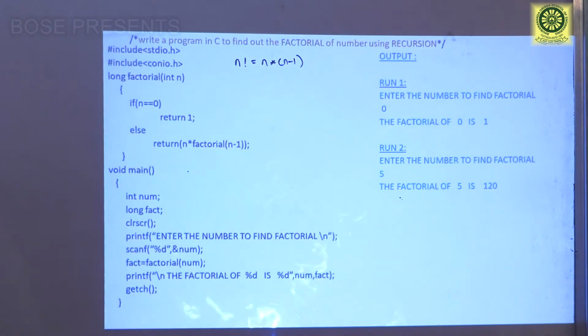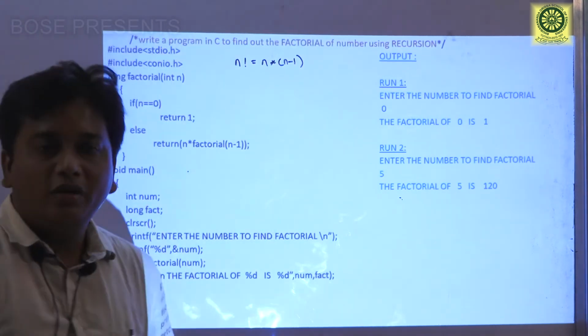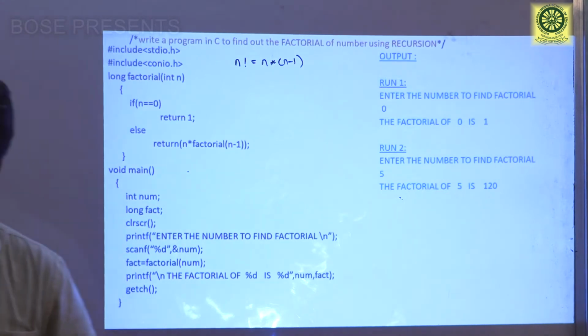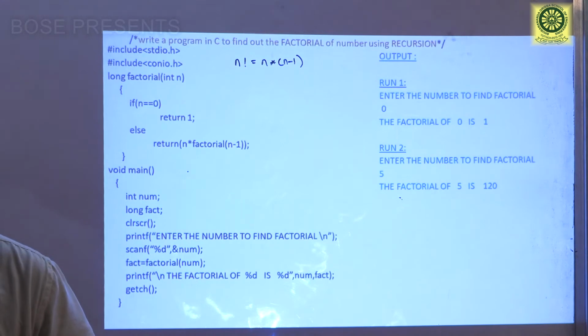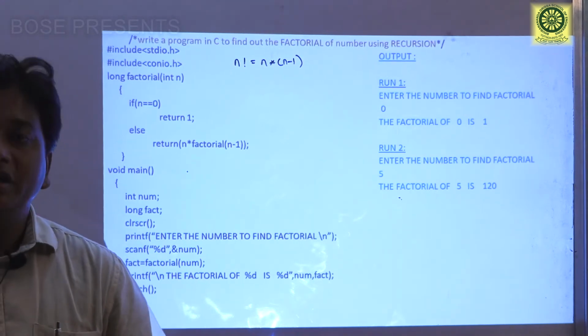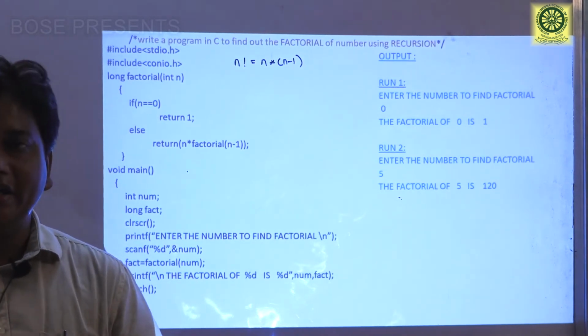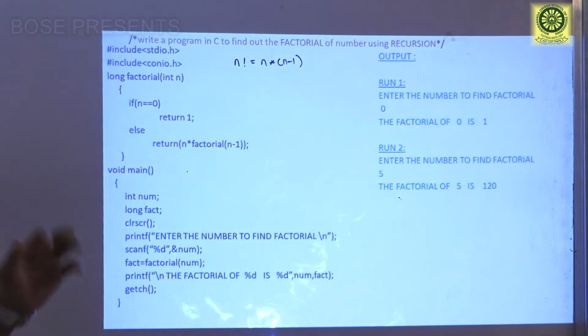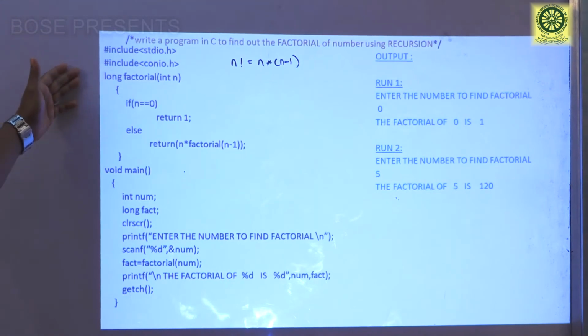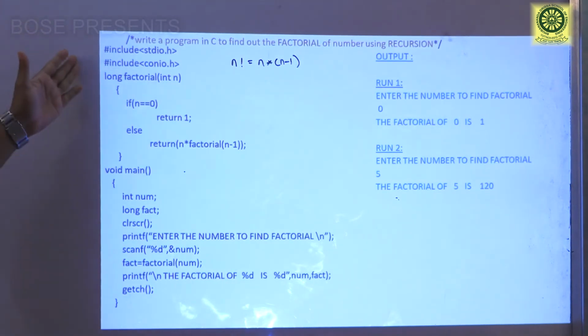Then there is a term, recursion. What is recursion? Recursion is a mechanism provided by the C compiler where a function calls itself again and again until we get a desired result.